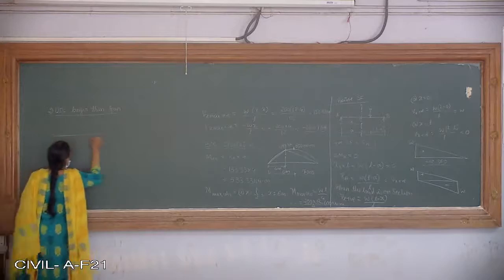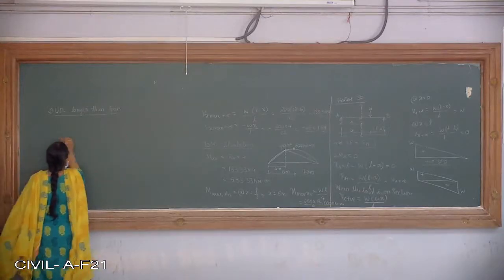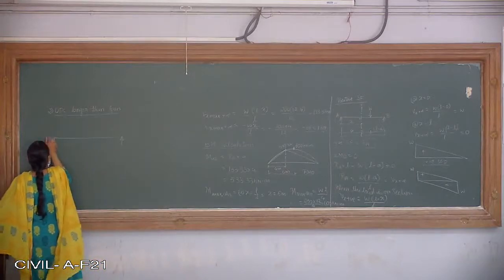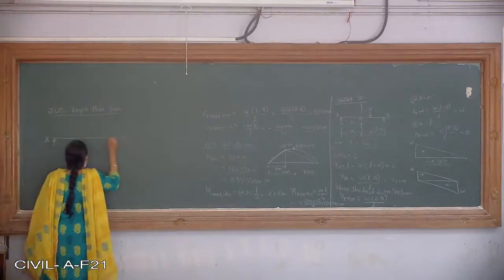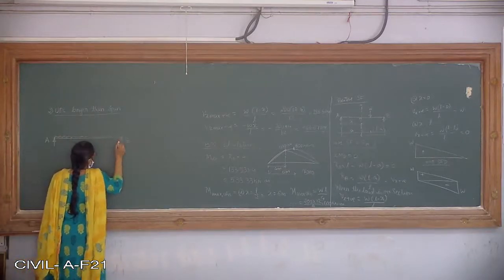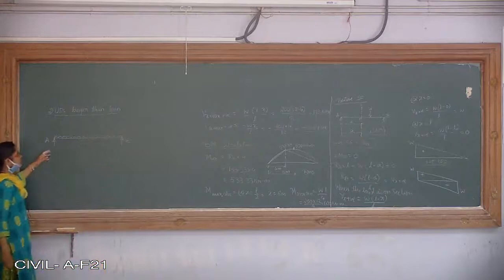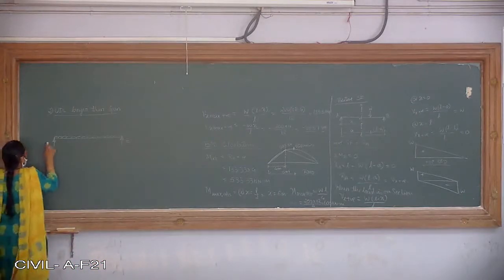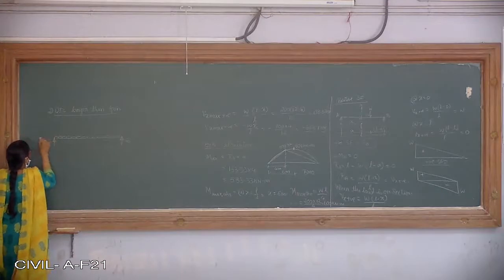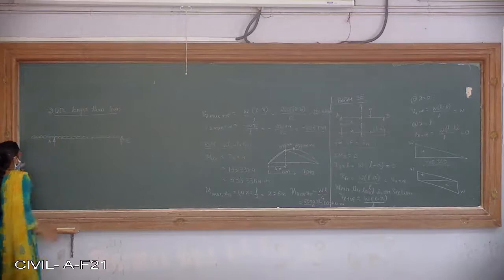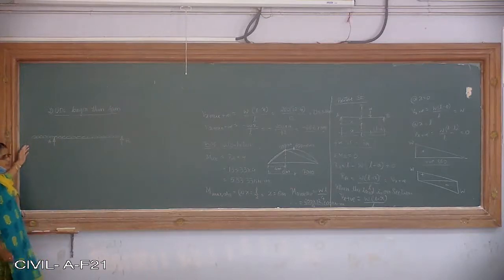Supposing I have a simply supported beam AB and it is loaded with a UDL. Okay. So you may be feeling it is the same as your simply supported beam with UDL, but here the load exceeds the span beyond the length of the beam.